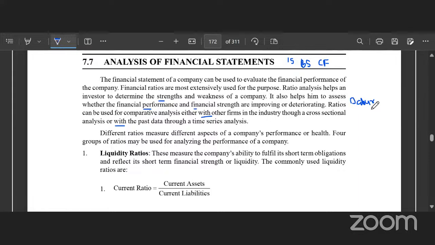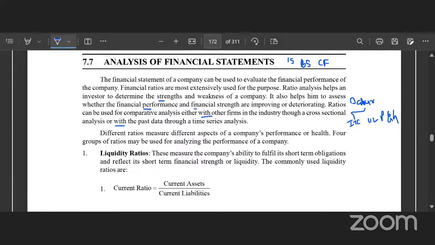In a cross-sectional way, Dabur is compared with the ratios of ITC, Unilever, P&G. So this is cross-sectional analysis, where a company's financial performance is compared with that of related companies in the same industry.